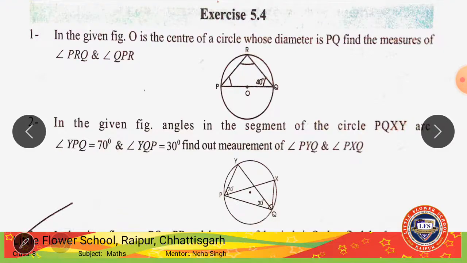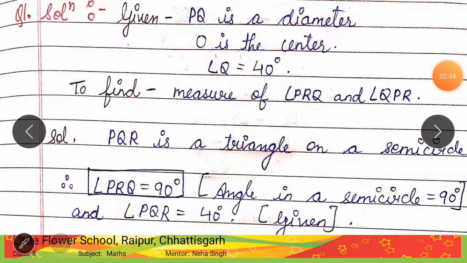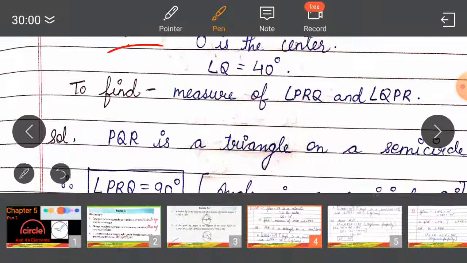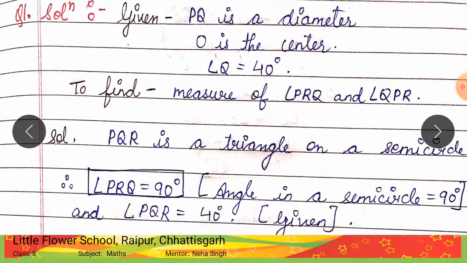So coming on to the solution part. When we are solving geometry questions, we first write down all the given, whatever is given in the question. So given, what all things are given? PQ is the diameter, O is the center, and angle Q is 40 degree. What we need to find?